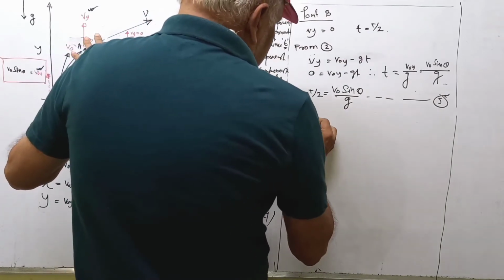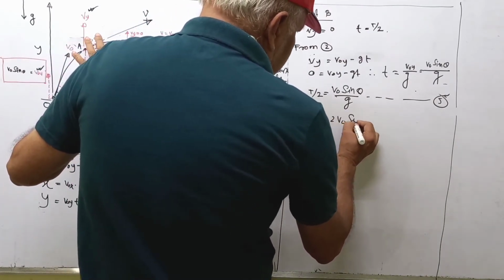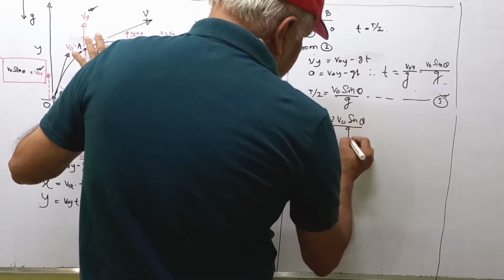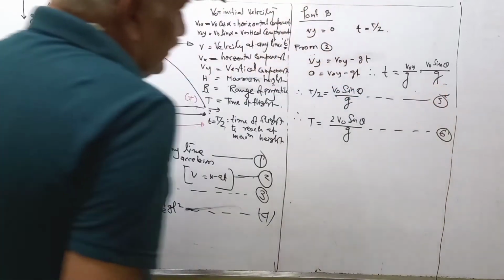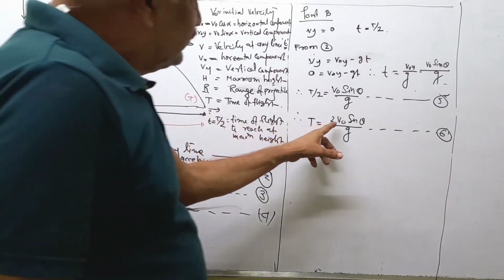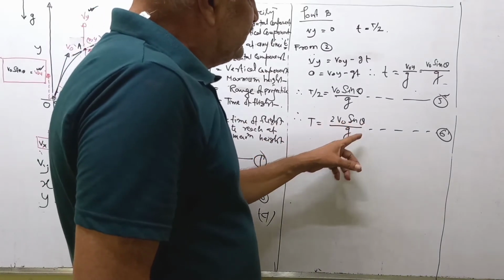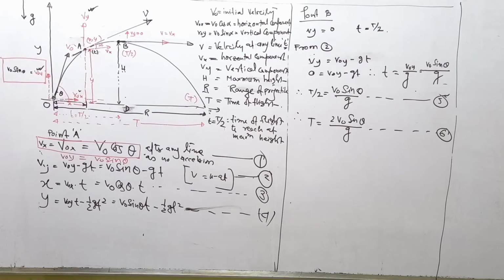Hence, t equal to twice v0 sin theta by g, equation number 6. That means time of flight t equal to 2 v0 sin theta by g.